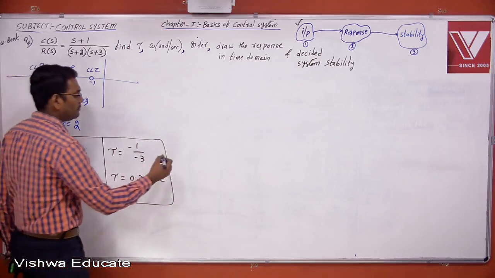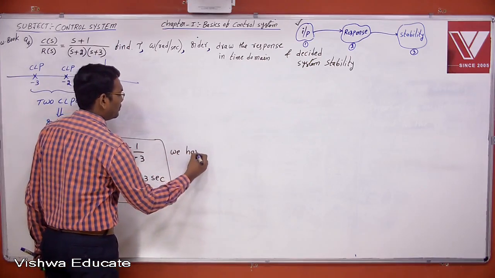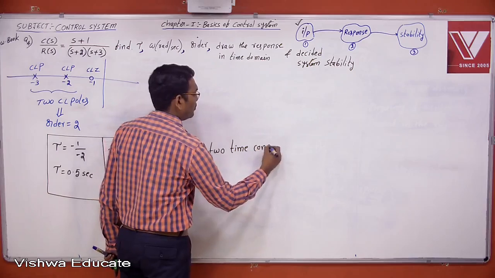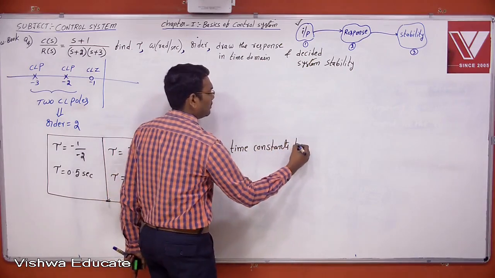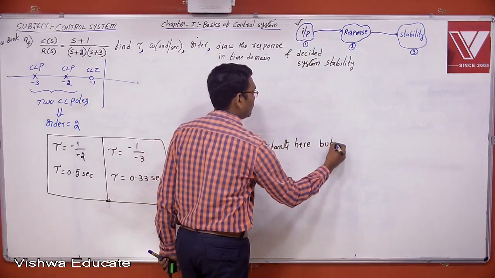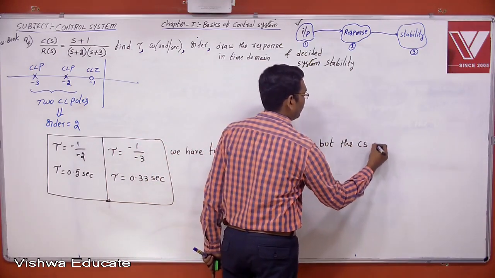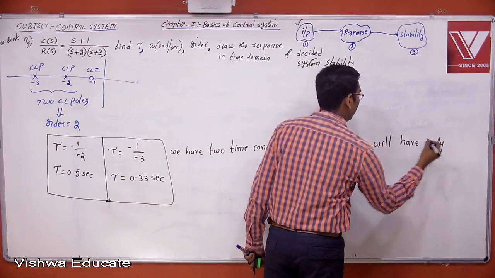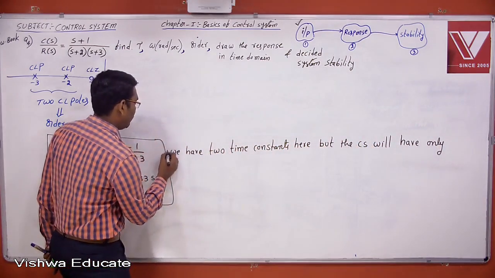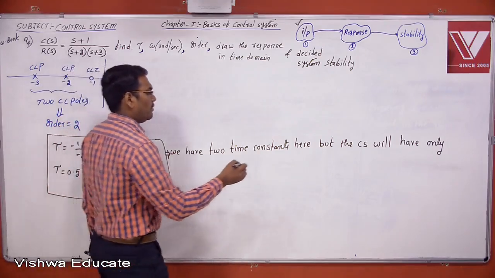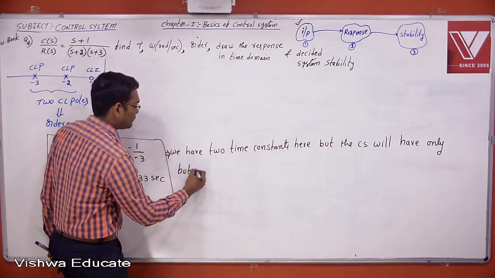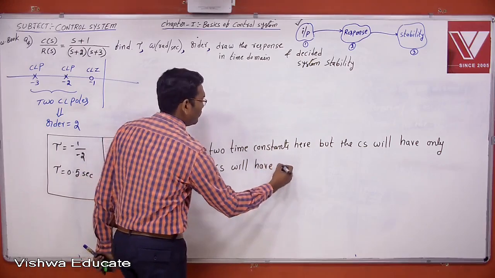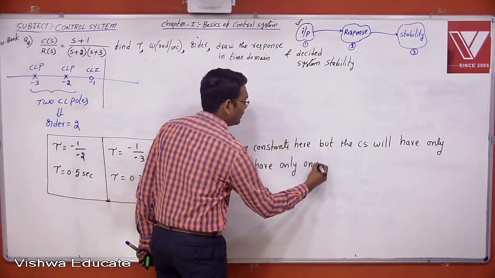We have two time constants here, but the control system will have only one time constant.